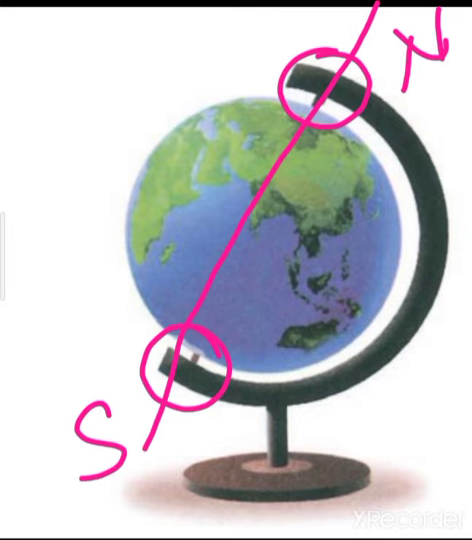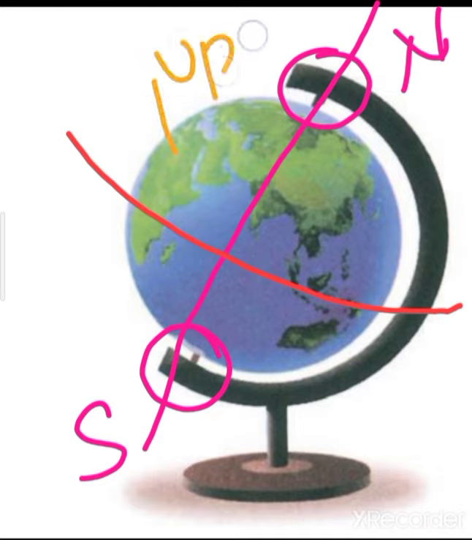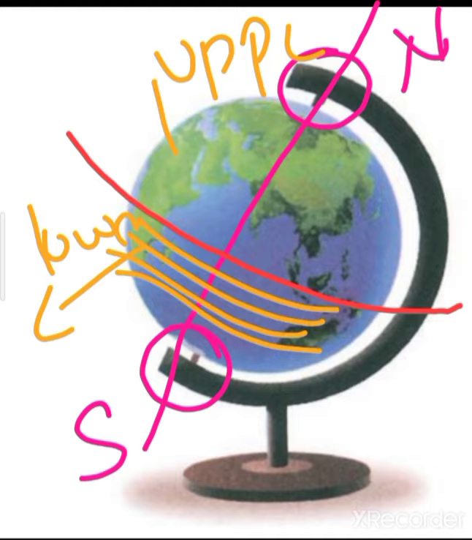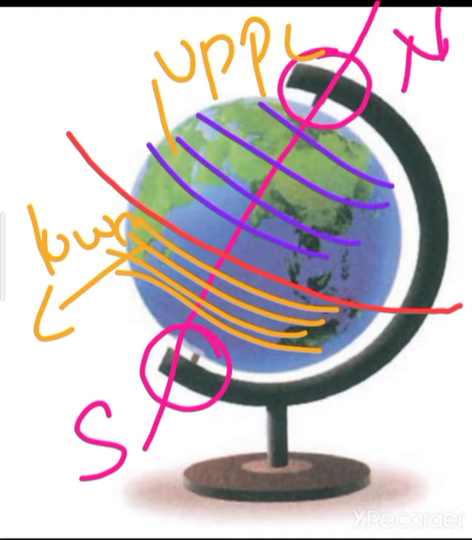One more imaginary line on the earth is this horizontal line. This horizontal line equally divides the globe into the upper portion and the lower portion. This part is the lower portion, and the purple color part is the upper portion.